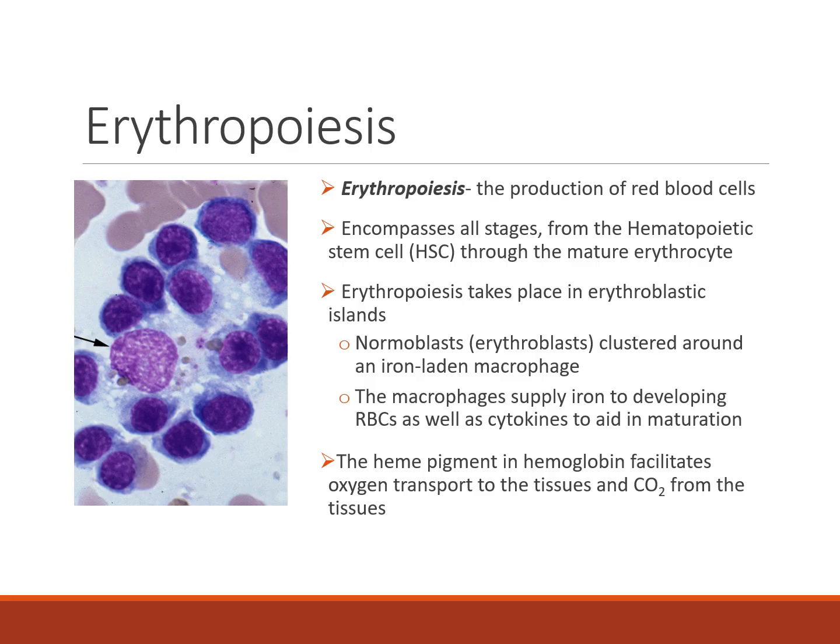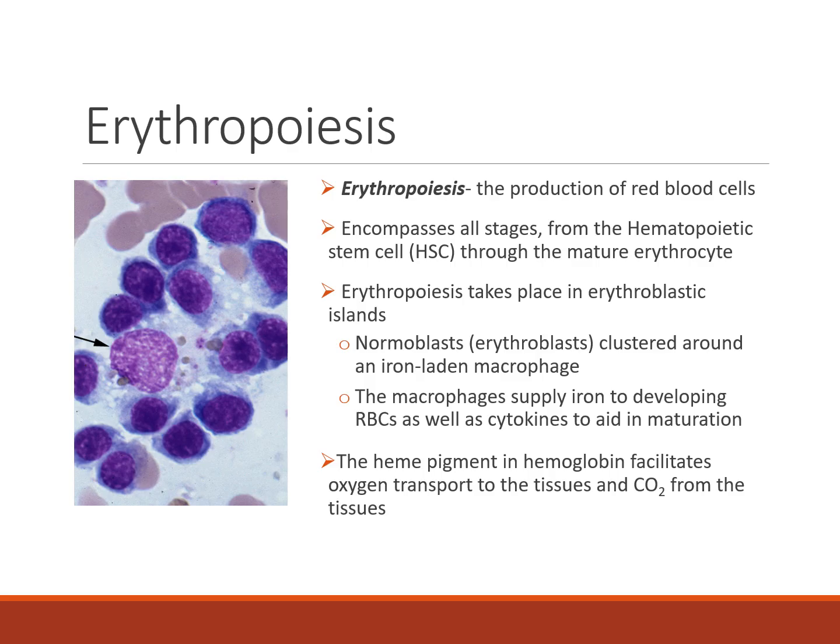And you can see the little granules of iron inside the vacuoles of this larger cell in the middle, and that is a siderophage, or a resident macrophage, that is supplying iron to the developing red blood cells, as well as cytokines to aid in maturation. I'm not going to expect you to know the name of the cytokines, but I do want you to know that there are chemical signals happening that promote and instigate maturation and development.